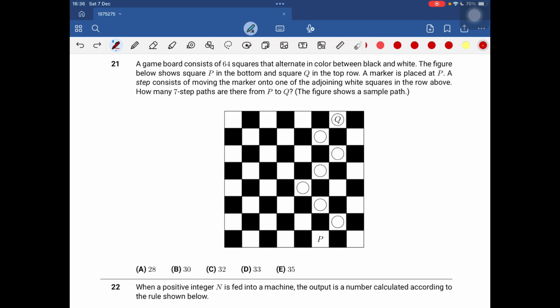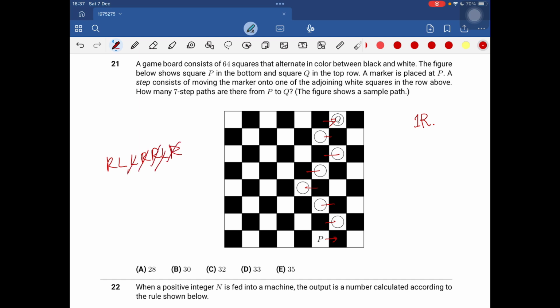So let's see. So actually from P to Q, we need to eventually make 1 to the right. So here, right, left, left, right, right, left, right.